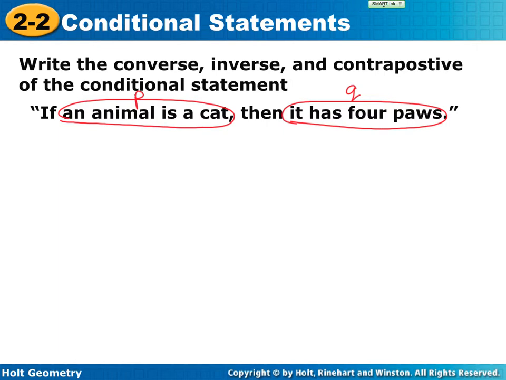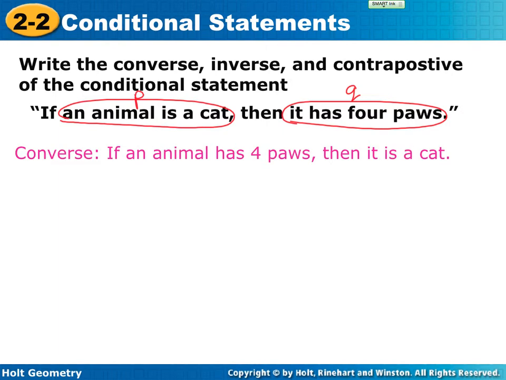So what is the converse? It's going to sound like, if it has 4 paws, then it is a cat. Yes, I put animal in there. If an animal has 4 paws, then it is a cat. That's called the converse. What's the inverse going to sound like? Okay, I think I'm hearing it right.